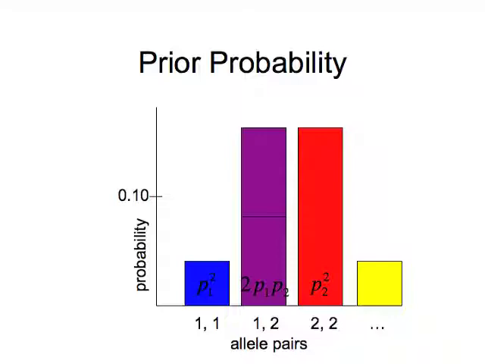And for the homozygote allele pair 2, 2, we have the quantity p2 squared shown here in red. This bar chart of allele pair probabilities represents the prior probability that we have from the population of what we believe the genotype would be of an individual before we see any of the evidence mixture data. Next slide.